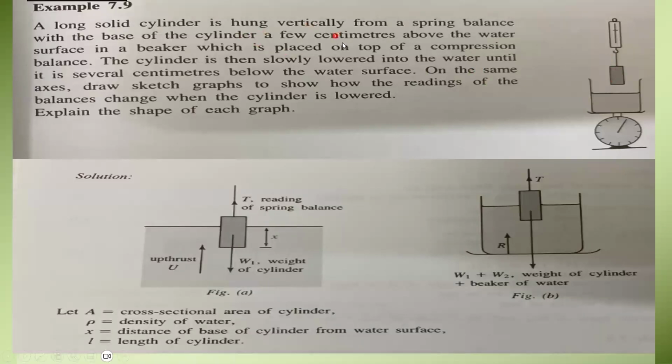A long cylinder is hung vertically from a spring balance with the base of the cylinder a few centimeters above the water. The cylinder is then slowly lowered into the water until it is several centimeters below the surface.